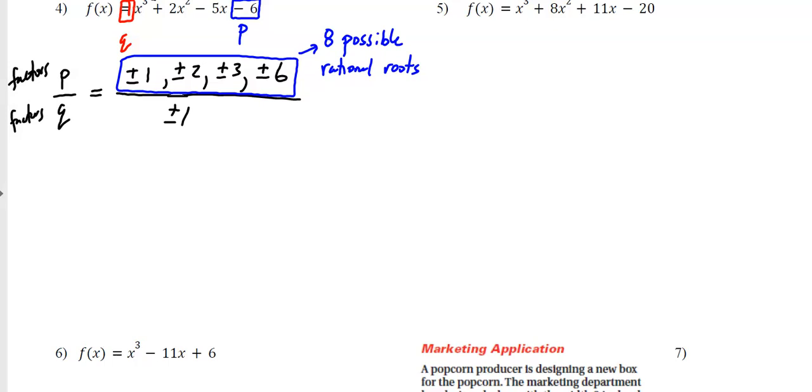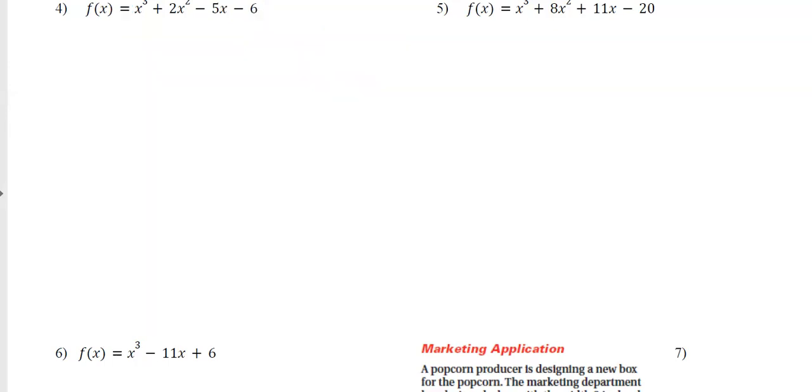So I'm going to kind of erase this to give myself a little bit more room. But here we go. So I'm remembering my choices. I'm going to write them over here to the side. So we need to test 1, 2, 3, and 6. We have 8 things to test. And what I'm going to do is I'm going to start off just like I normally would.